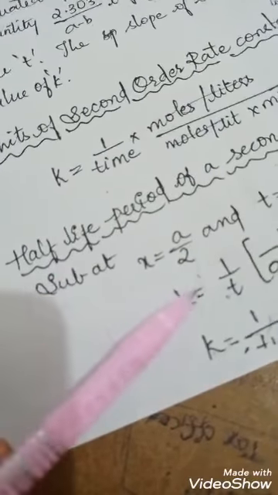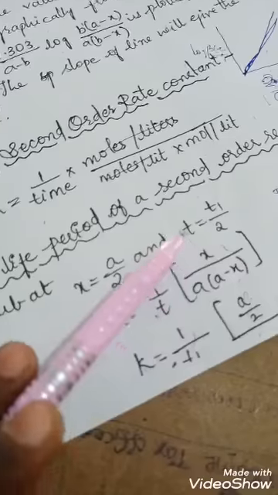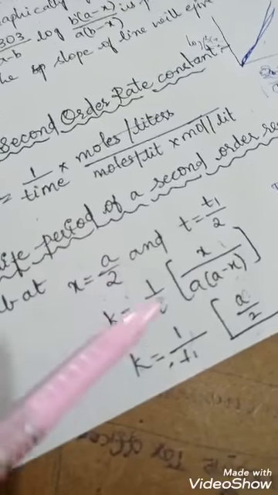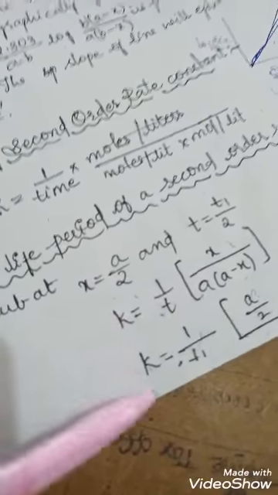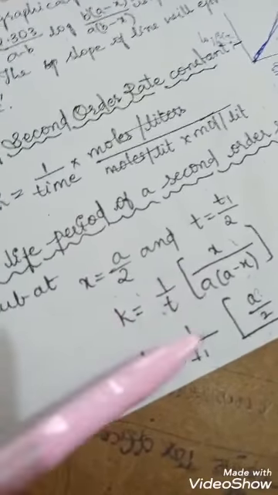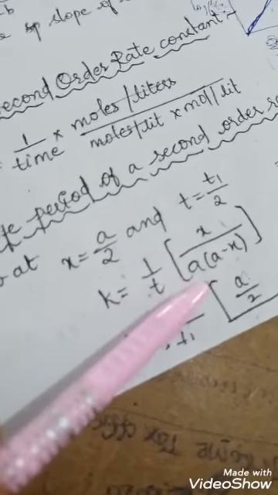So what happens in this one? Half-life period. What is half-life period? Substitute x equal to a by 2 and t equal to t half. So k equal to 1 by t half, x by a into (a minus x), equal to 1 by t half into (a by 2) by a into (a by 2). So t half equal to 1 by k, (a by 2) by a into (a minus 1 by 2), equal to 1 by k, (a by 2) by (a square by 2).